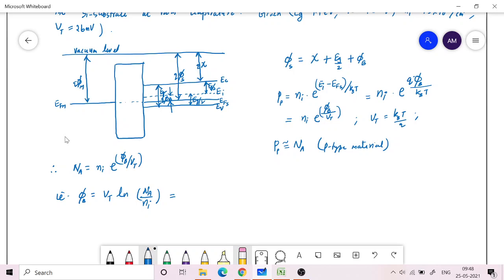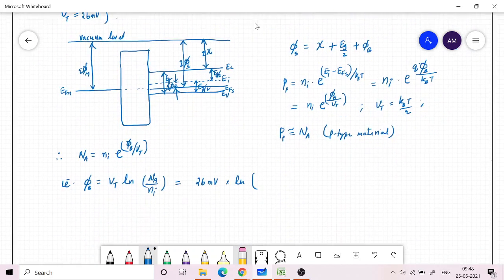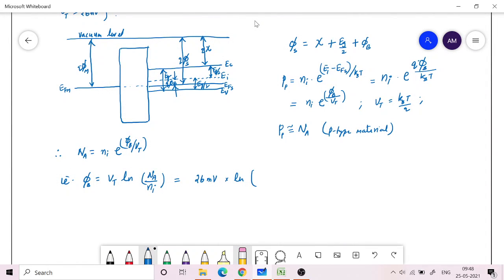So everything is available: 26 millivolt into natural logarithm of Na, which was 1 into 10 raised to 16 per centimeter cube. That unit will cancel because the denominator Ni is also in per centimeter cube, and it is basically 1.5 into 10 raised to 10.